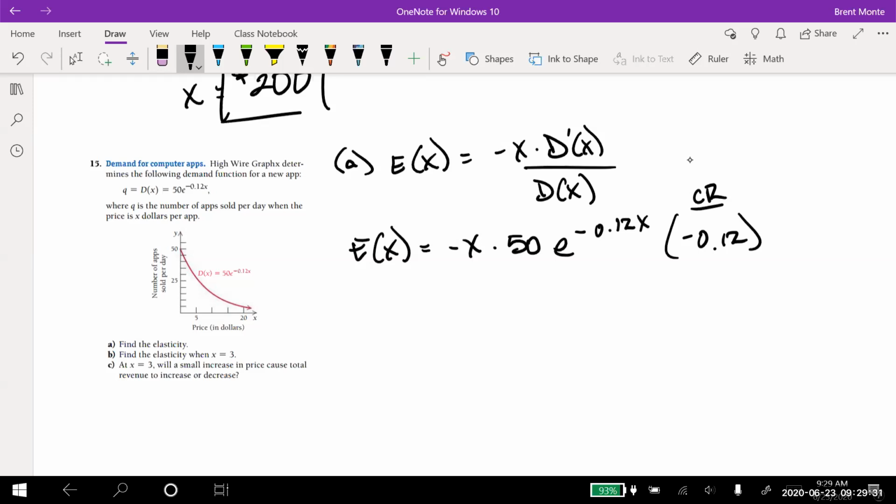Again, I get that negative back. All over D of X, which was 50 e to the negative 0.12x.